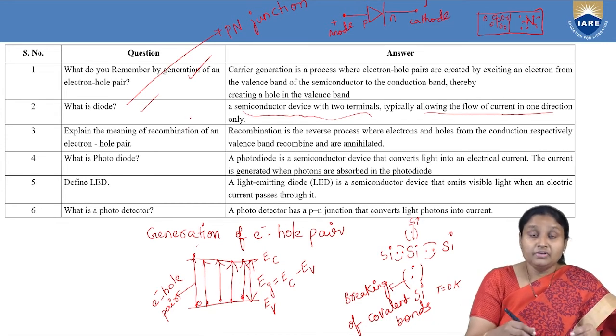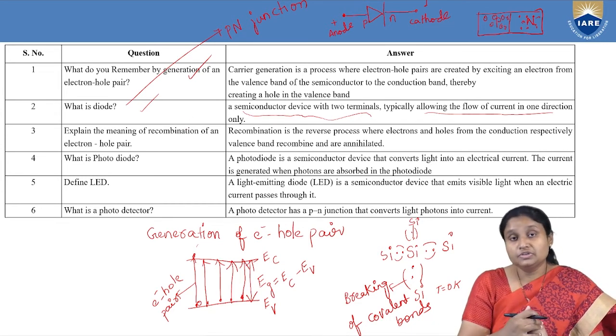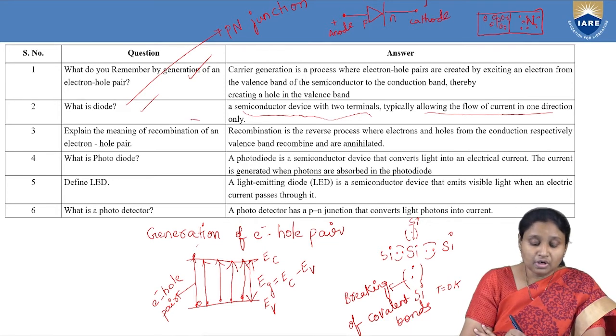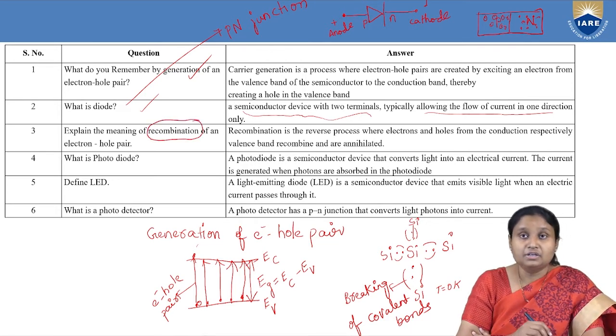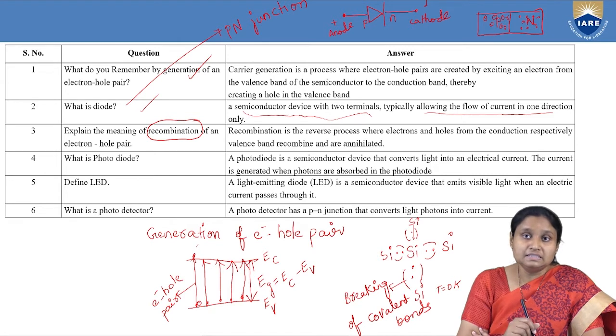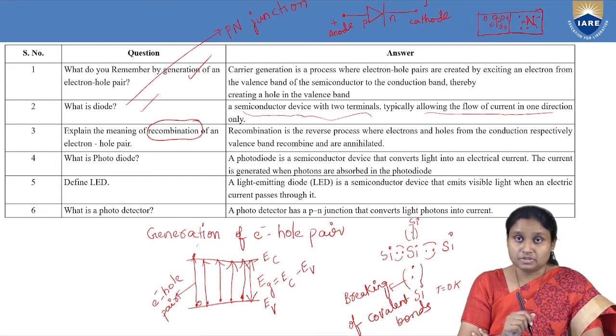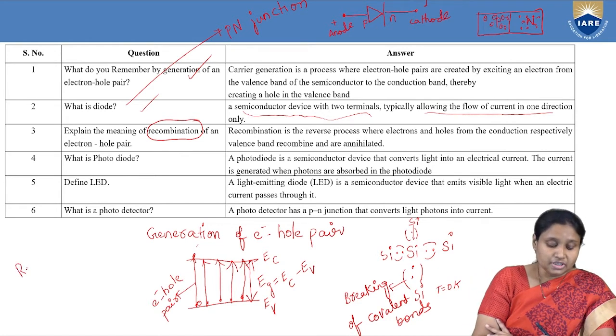Now coming to the next definition. Now that we are familiar with generation of an electron hole pair, we talk about recombination of an electron hole pair, and this recombination process is completely opposite to the generation process.